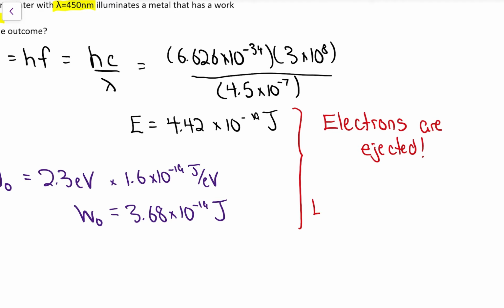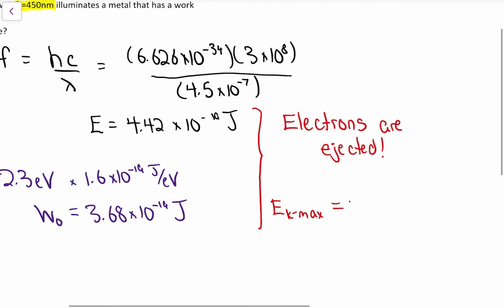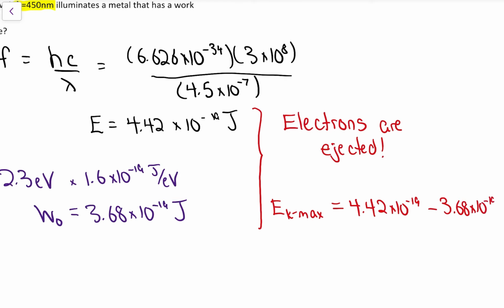And if we go one step further, the kinetic energy they have is the difference between those two numbers. It's like walking into a store with $4.42 and trying to buy something that costs $3.68. The difference is how much change you get back.